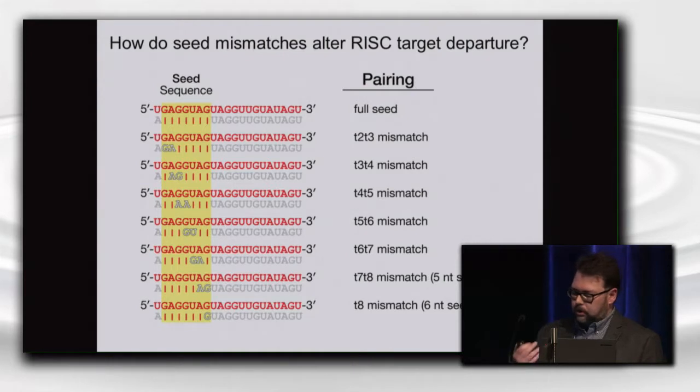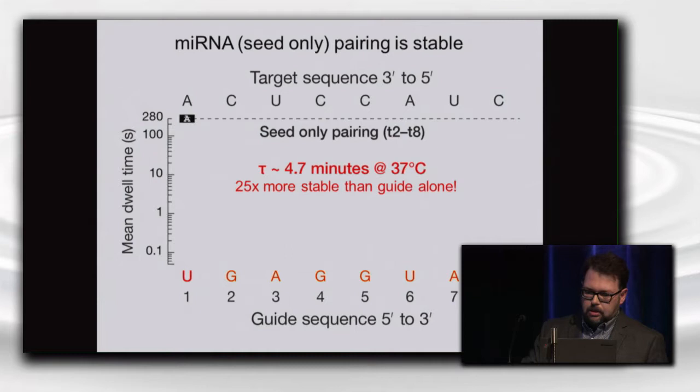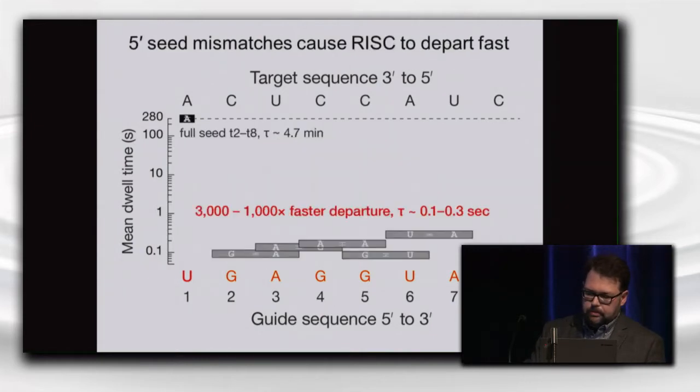Next, we wanted to use the same mismatches to look at target departure and the dwell time, how long RISC remains bound after it finds the target. So again, the target complementary to the seed is bound very tightly. It stays for almost 5 minutes, which is, by the way, 25 times more stable than a guide alone would stay.